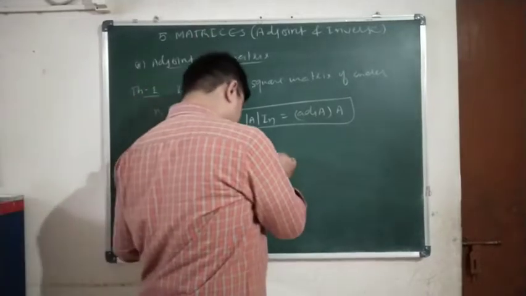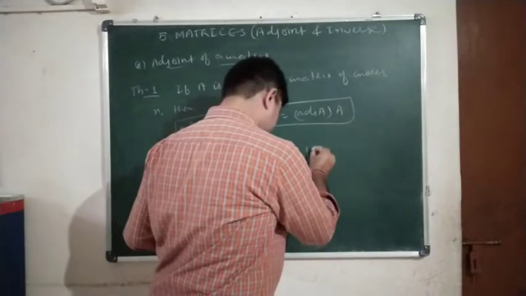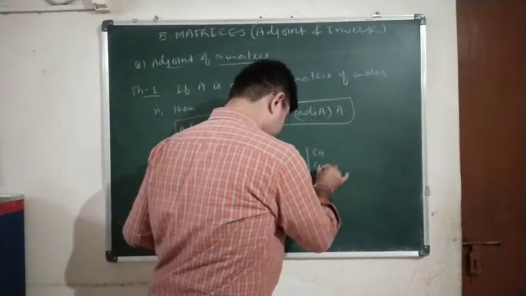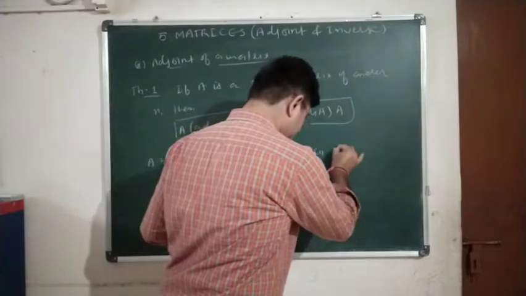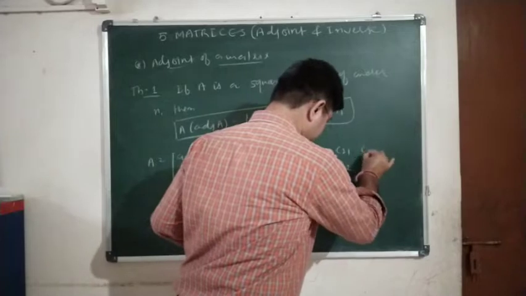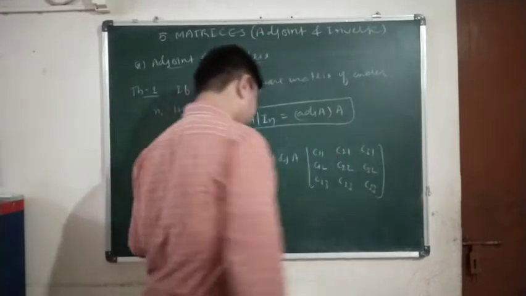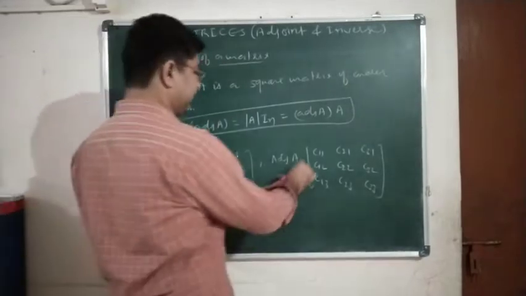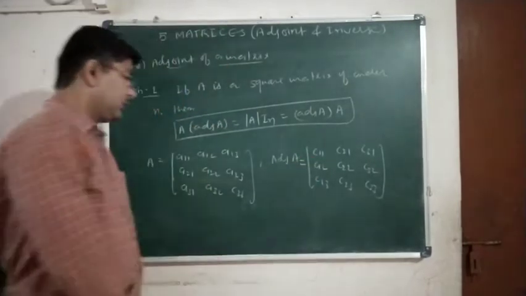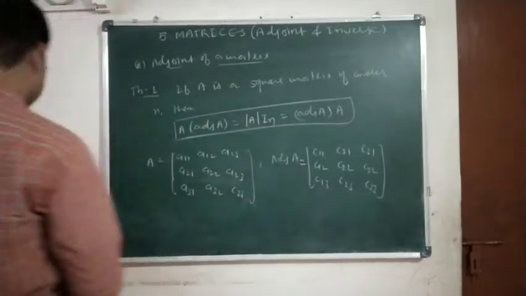We will find the adjoint of A. Adjoint of A will be C11, C12, C13, C21, C22, C23, C31, C32, C33. Now if you take the product A times adjoint of A, what happens? Let us check.